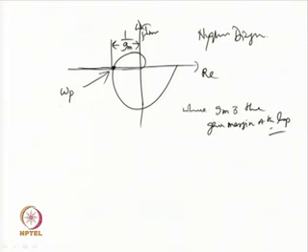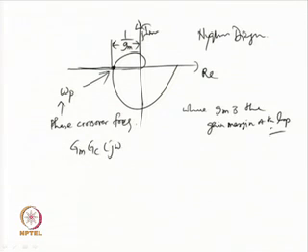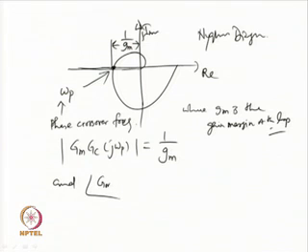Therefore, at the phase crossover frequency omega p, the analytical expressions are: the magnitude of GM GC j omega p will be 1 upon GM, where GM is the gain margin of the loop, and the angle of GM GC j omega p will be equal to minus pi.